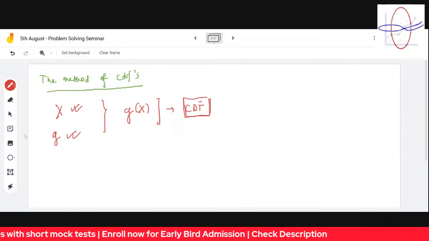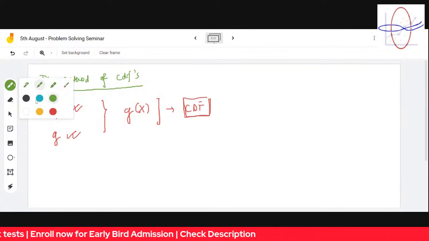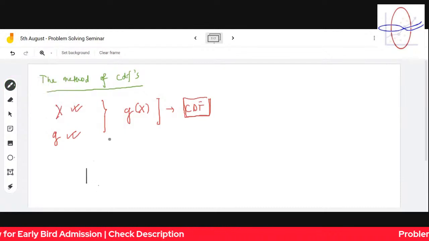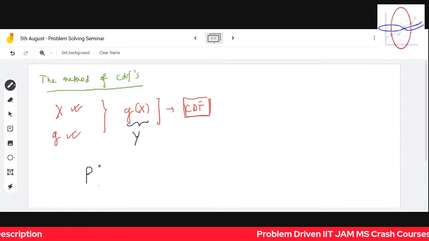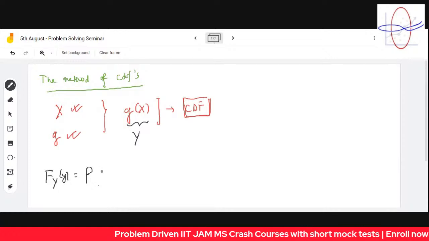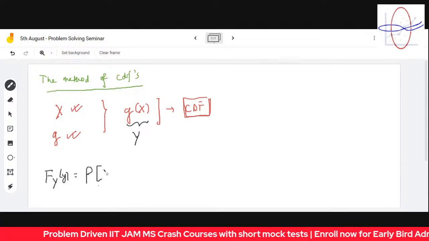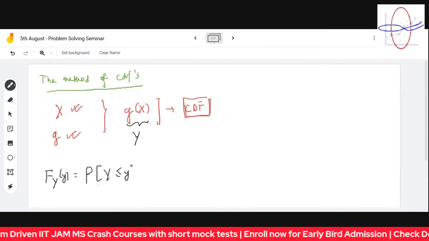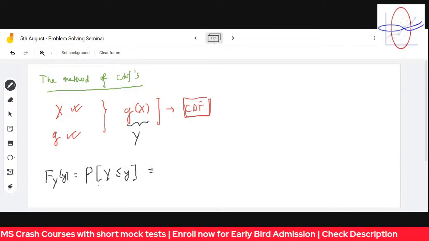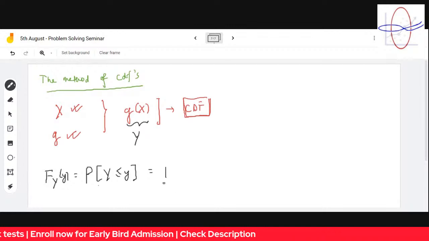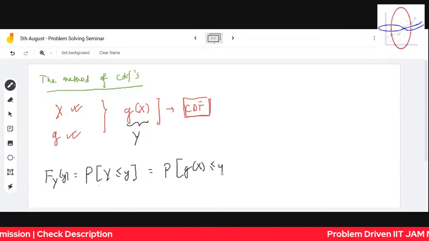So how do we do it? We do it like this. Let's call it Y. We find the CDF of this random variable, F of y, which is the probability that Y is less than or equal to small y.